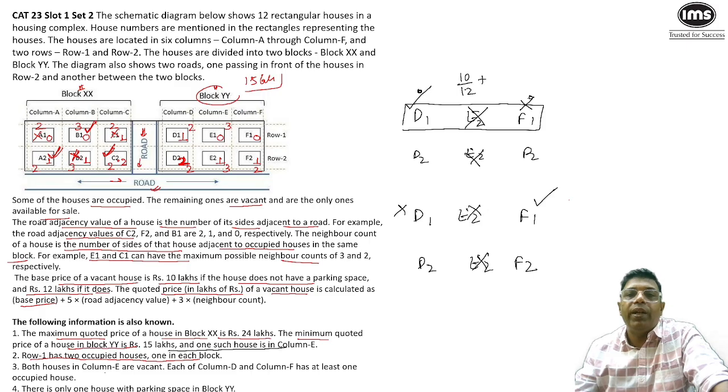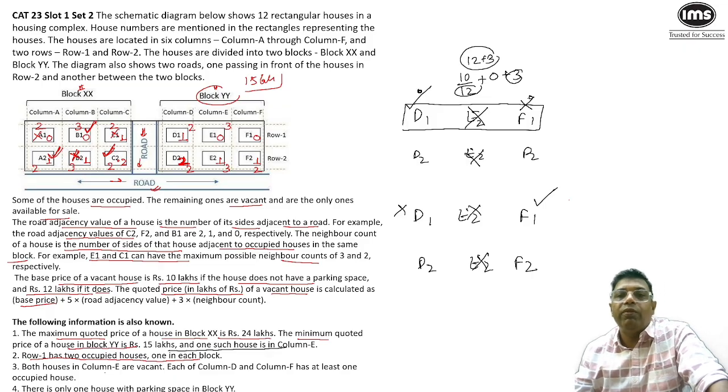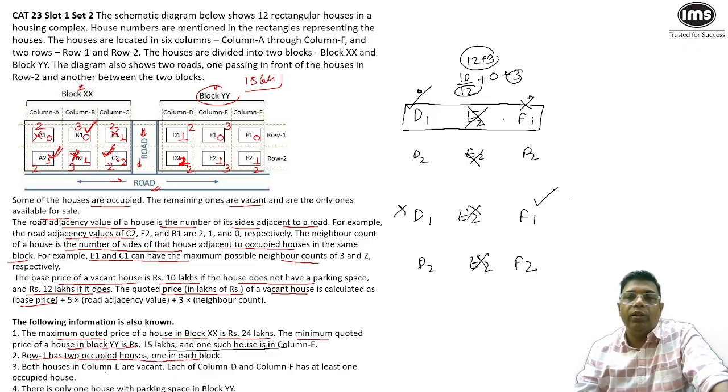E2 could have 10 or 12, right? And it has only how many occupied house? 1. That's it. And road adjacency value is 0. So we can take 15 lakh. Possible if we take this combination 12 plus 3. So maybe E2 can have a price of 12 plus 3 in this scenario, 15.